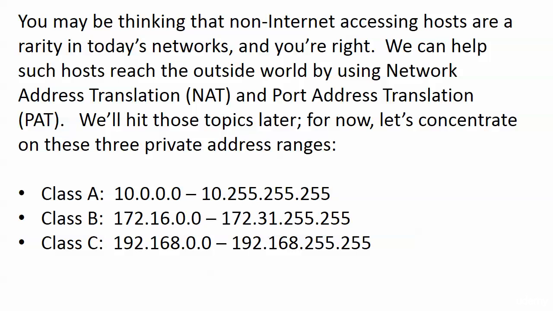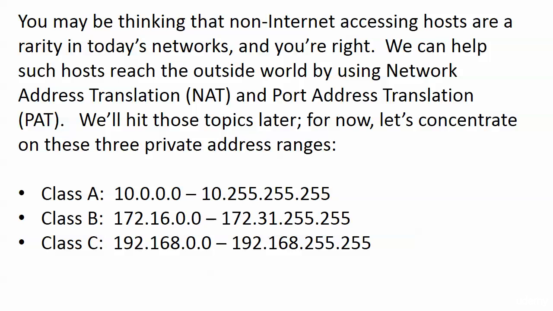I have them expressed here for you three different ways, one on this screen, two on the next. So whichever one you're more comfortable with, but on your exam, be ready to identify an address that's from a private address range and say, okay, we have to do something different here, because by default this address is not routable. Class A, any address from 10.0.0.0 through 10.255.255.255 is a private address.